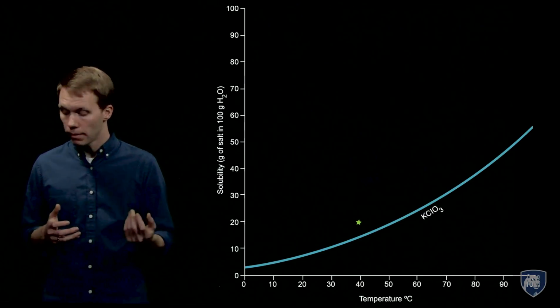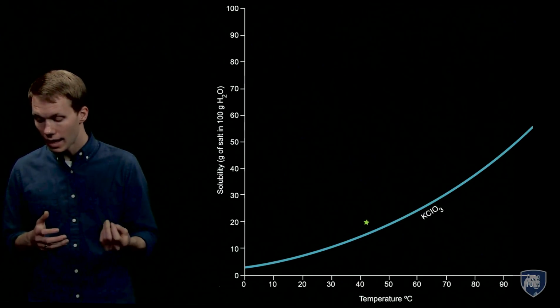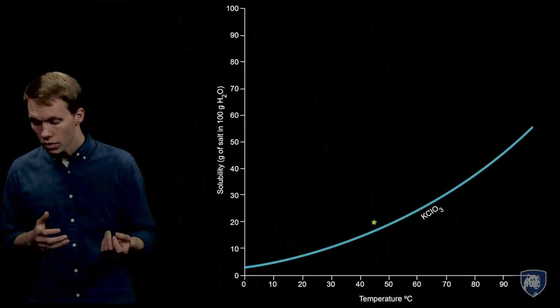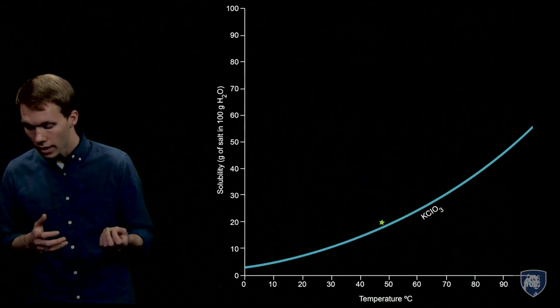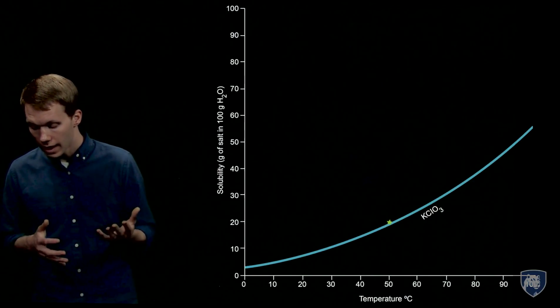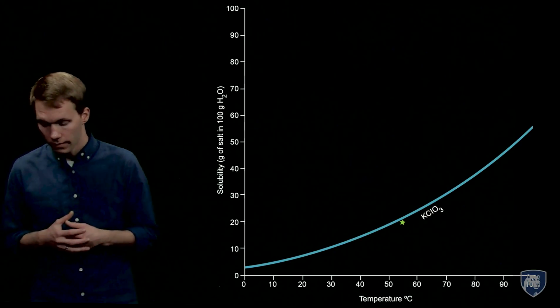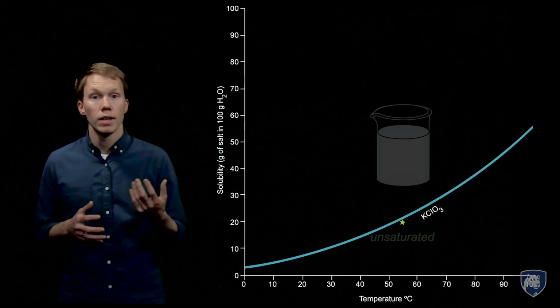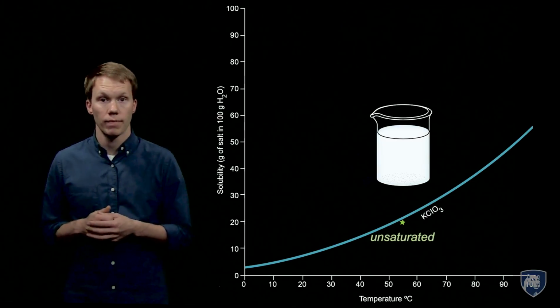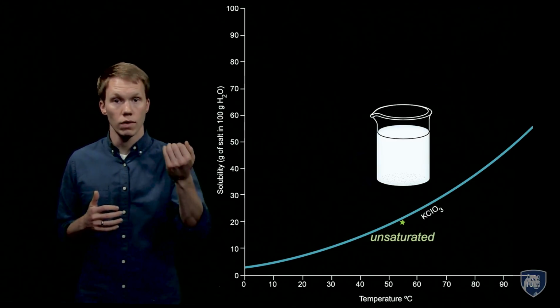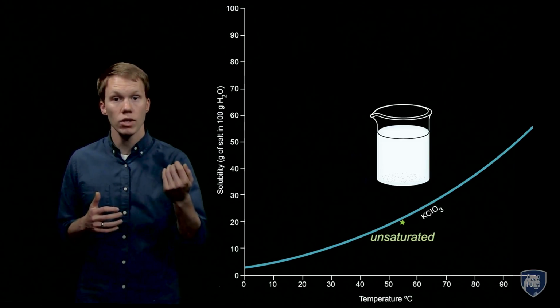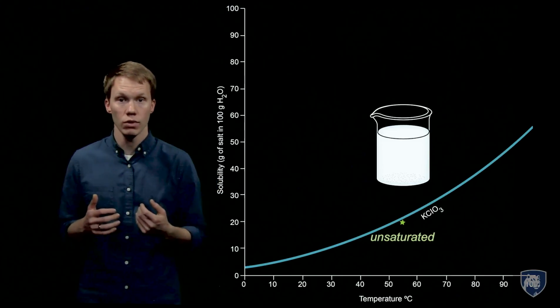So according to my plot, I would need to heat up my solution in excess of about 50 degrees, maybe 55 degrees, okay, to become now unsaturated, because now we're below the curve.